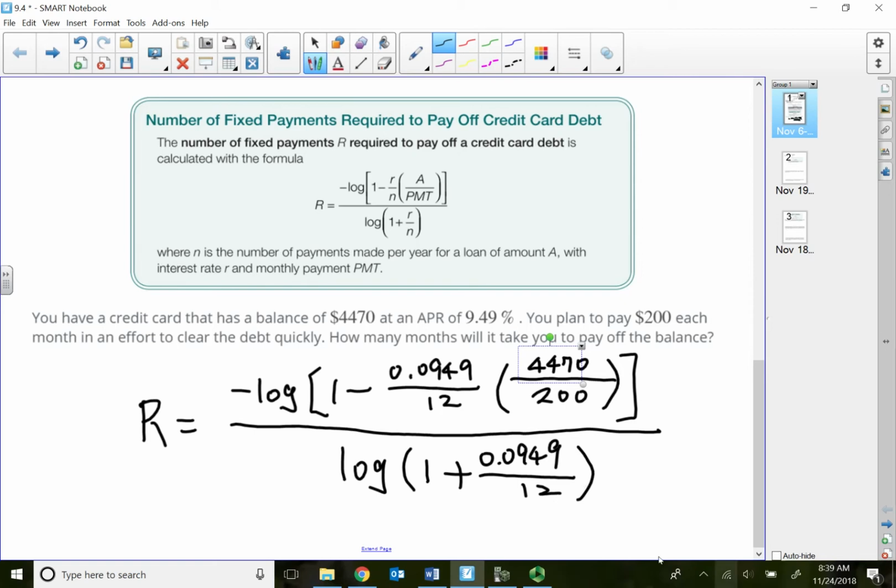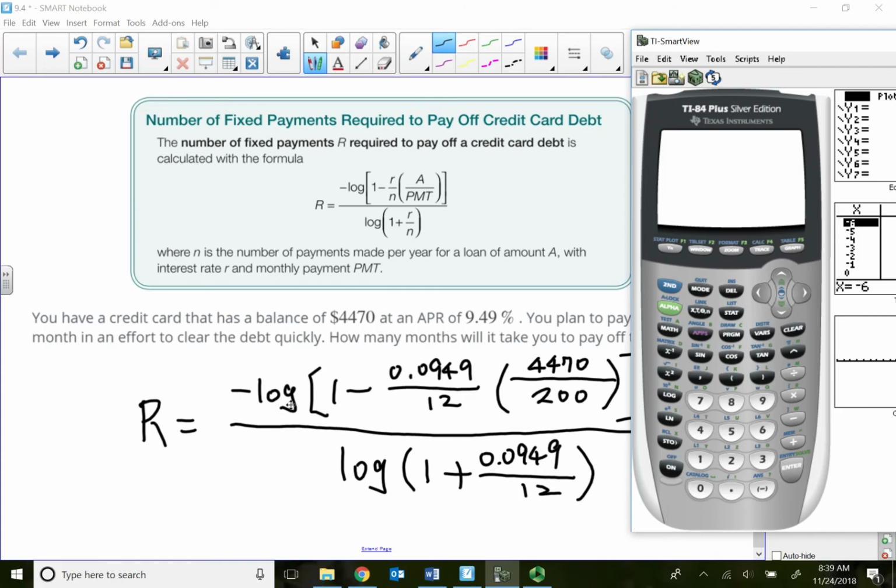Let me show you how to key it in. The first thing I type in is negative log. When I type in negative and the word log, my calculator automatically gives me a parenthesis. If yours doesn't, open a parenthesis, because this open parenthesis is representing the brackets.